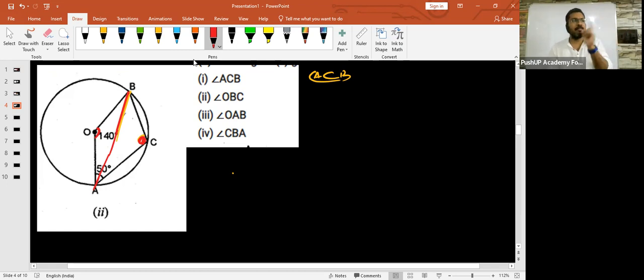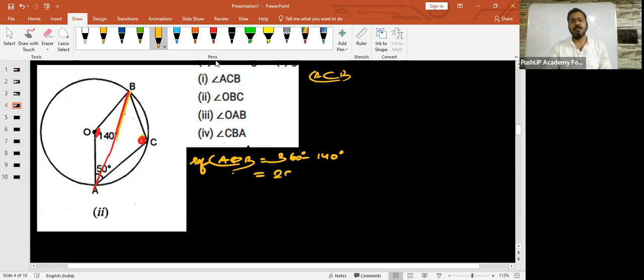So major segment, minor segment, reflex angle property. Remember this. But you don't know what the reflex angle is, but it is very easy to find. How? The reflex angle AOB is equal to the whole of 360 degrees minus 140 degrees, and that is equal to 220 degrees.